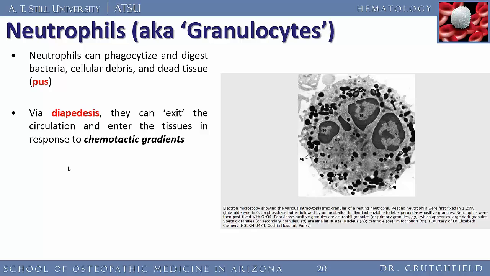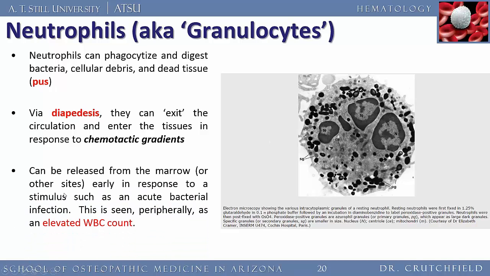They can grow these little tiny extensions, sort of like pseudopods, pseudo legs, I guess. Not quite like an amoeba, but maybe a little bit like it. And in response to chemotactic gradients, they can call out these PMNs and go over and start chomping away, eating bacteria and other infectious sources.